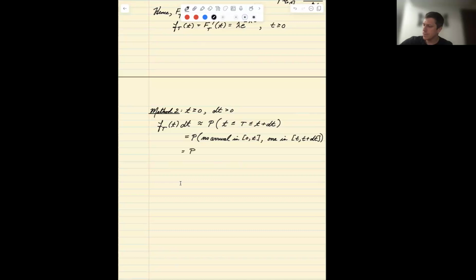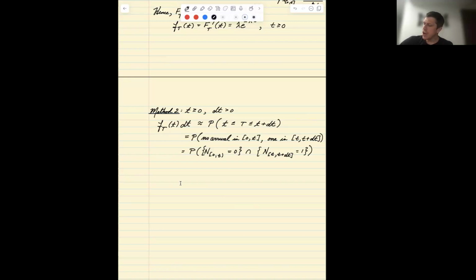So this is now the probability that the number of arrivals between 0 and t is 0, and then the event that there is exactly one arrival between t and t plus dt.